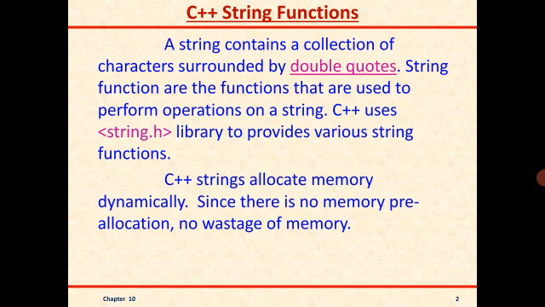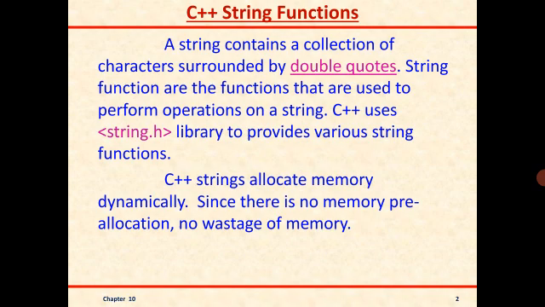You know that a string is a collection of characters surrounded by double quotes. So when you have a sequence of characters surrounded by double quotes, we call it a string. To perform any operation on a string, we use the string functions.